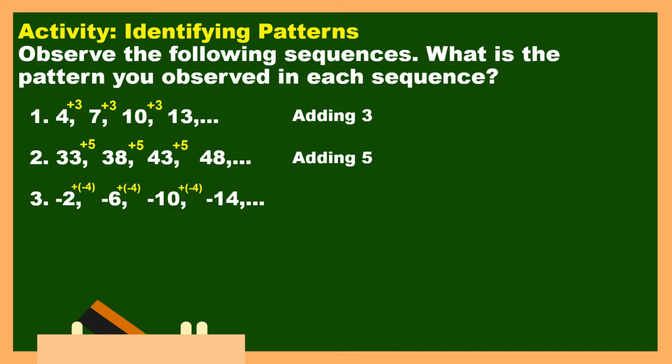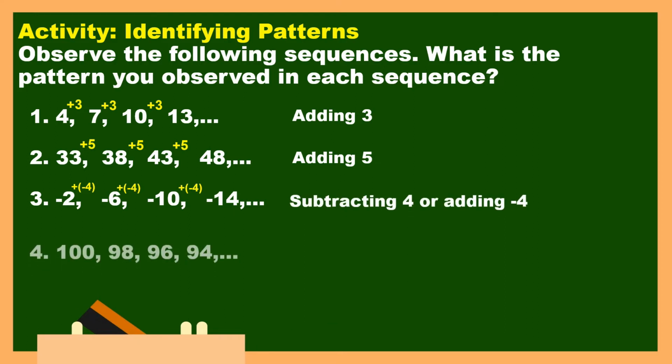Negative 2 minus 4 equals negative 6. Negative 6 minus 4 equals negative 10. Negative 10 minus 4 equals negative 14. Therefore, the pattern in this sequence is adding negative 4 or subtracting 4.